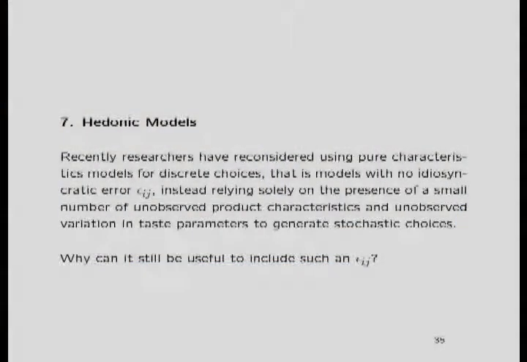Okay, so the final set of comments I want to make about hedonic models: recently a number of people have also looked at models that model the utility only as a function of the characteristics.